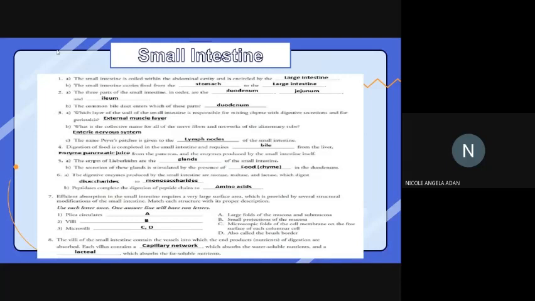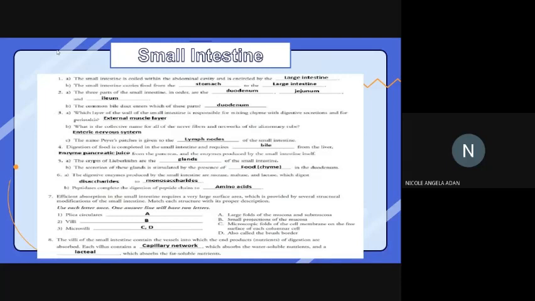Number 3. Which layer of the wall of the small intestine is responsible for mixing chyme with digestive secretions and for peristalsis? The answer is the muscularis layer.